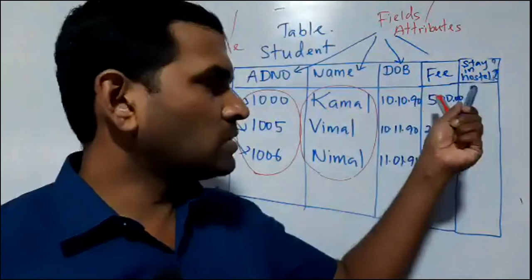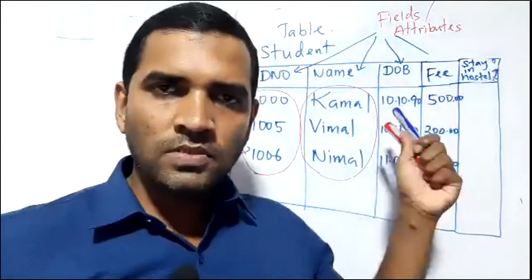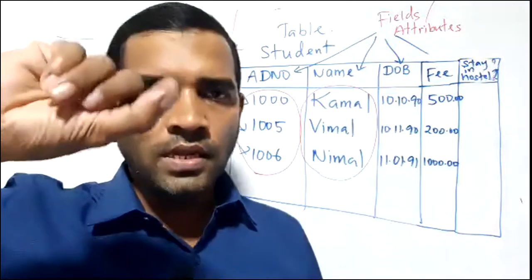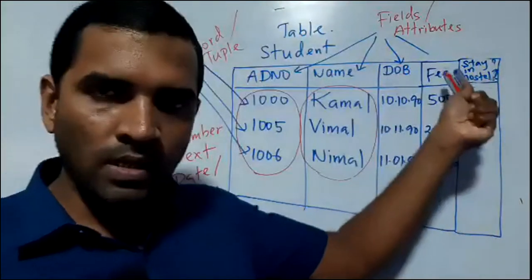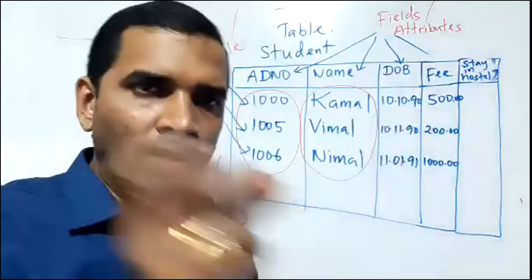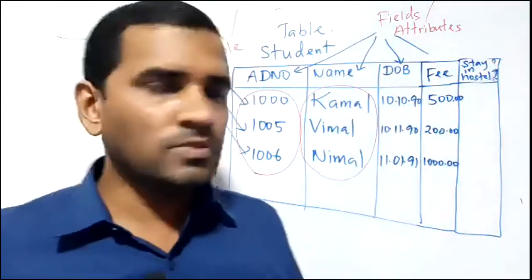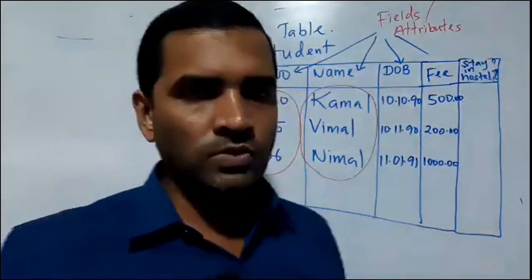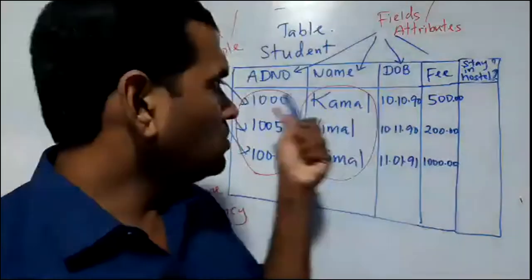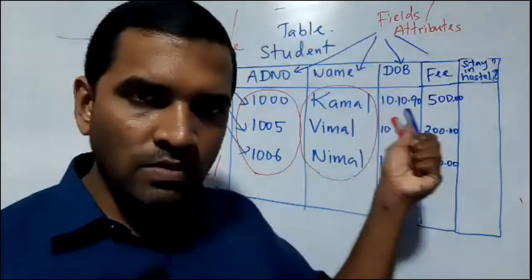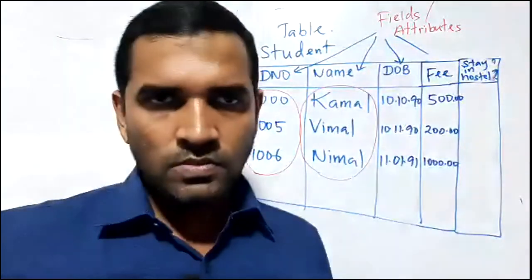So it seems that it expects yes or no there, because look at the heading, look at the field name. These are field names. Everything is a field, but there is a name, so they are field names. Look at the field name, stay in hostel, but note there is a question mark. So now we should know that if Kamal stays in the hostel, we have to say yes.